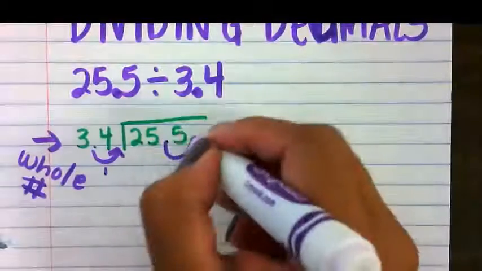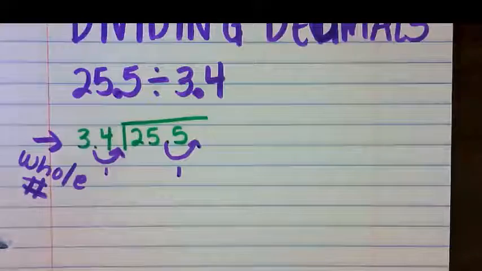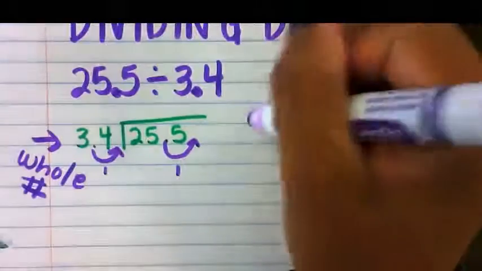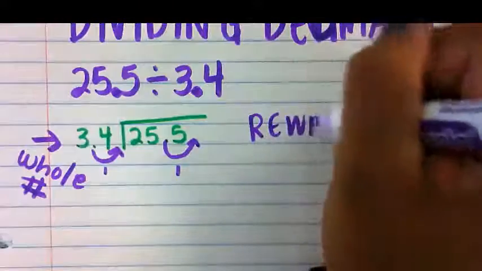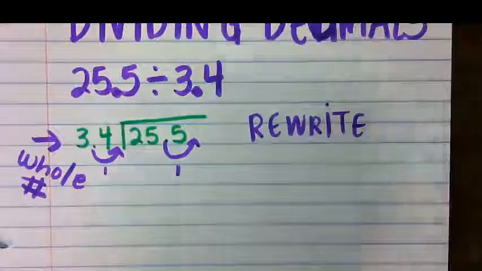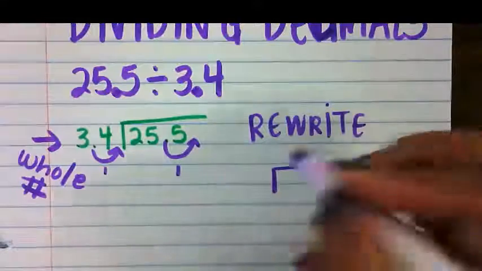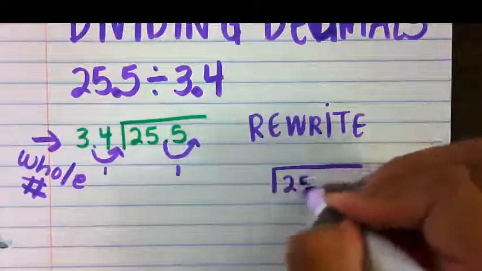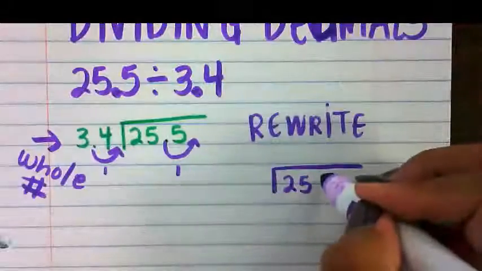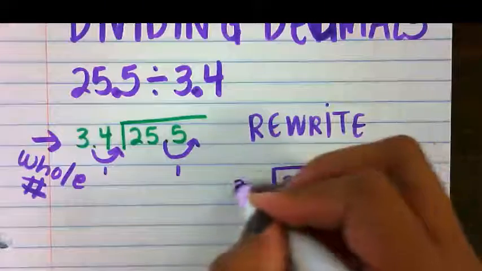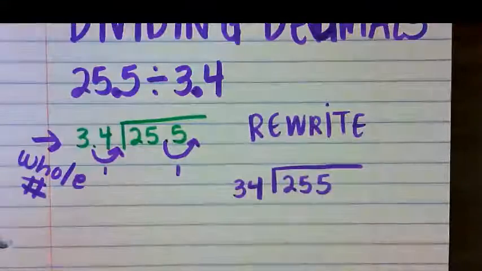So I need to move this decimal over. And if I move this one time, I need to move this also one time. So now I'm going to rewrite. I have 255 divided by 34.